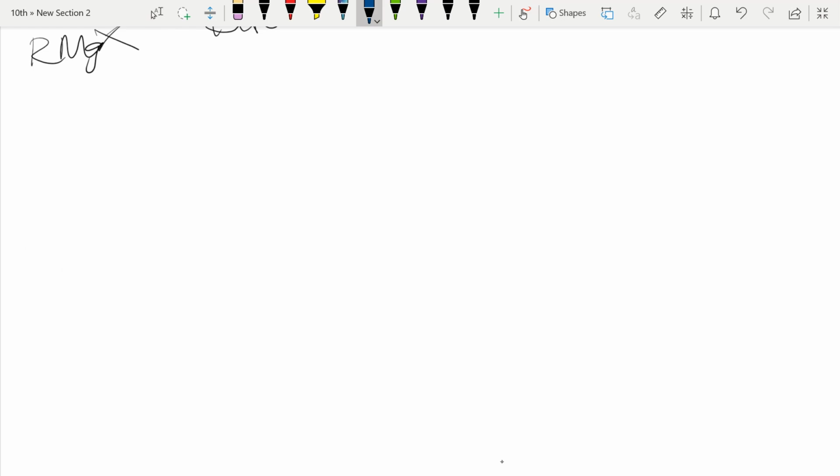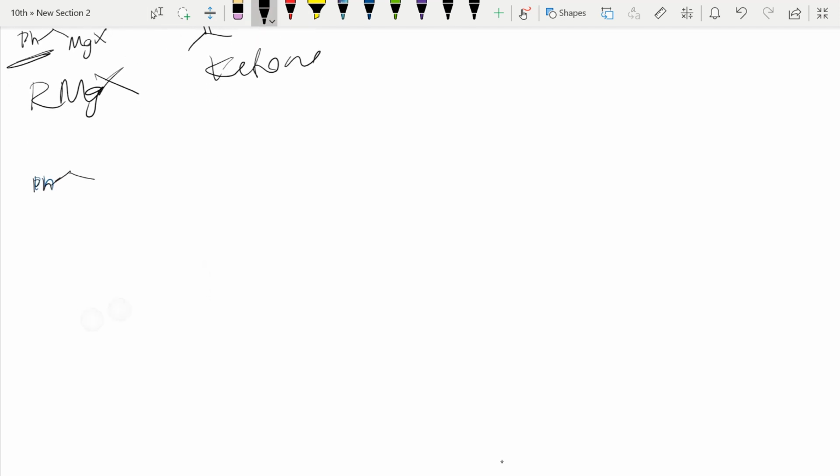See here, if I want to write the reaction, I will take PhCH2X, let us assume, in the presence of magnesium and ether. So I will get PhCH2MgX, which is nothing but RMgX, my Grignard reagent.